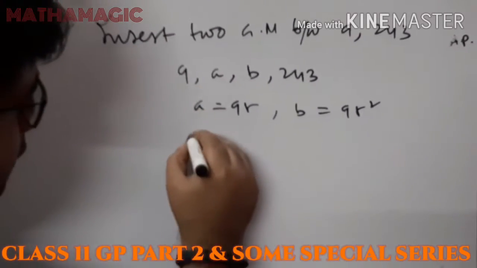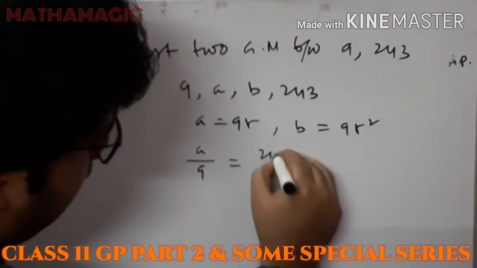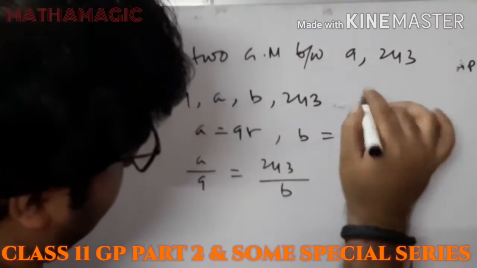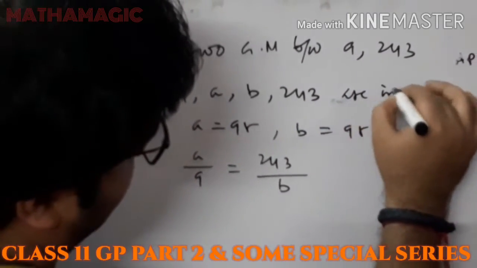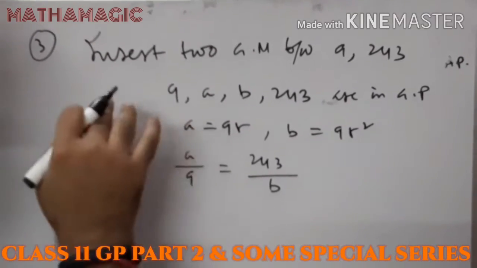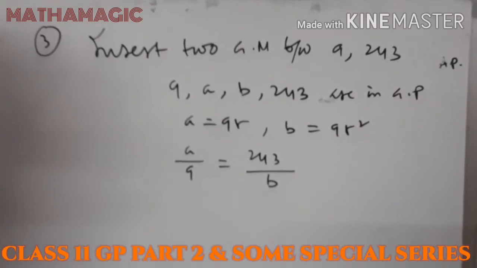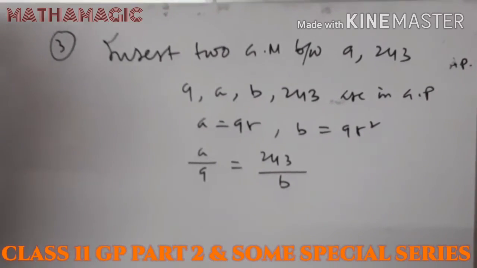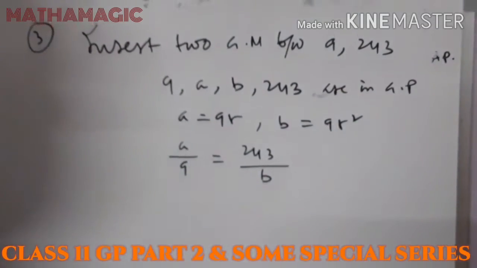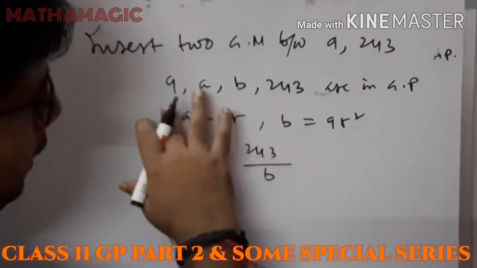Now by calculation we can write that A by 9, by the formula of GP, equals 243 by B. This is in GP. Here you need to understand that whenever we are inserting any geometric means between two numbers, how many geometric means we are inserting doesn't matter.